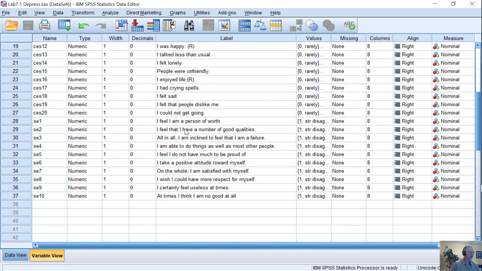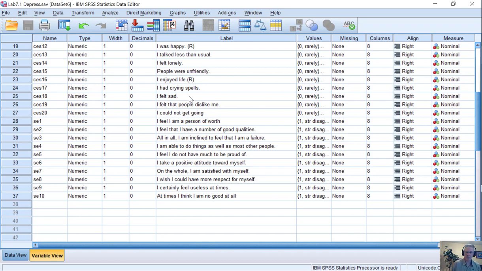We're going to need to go ahead and take the ones that are written in the direction of low self-esteem and recode those so that they're in the direction of high self-esteem. And we're going to show you that recoding process as well as the process of getting the means so that we can ultimately look at the correlations between these two scales.